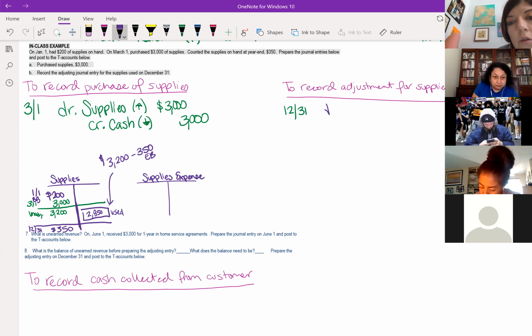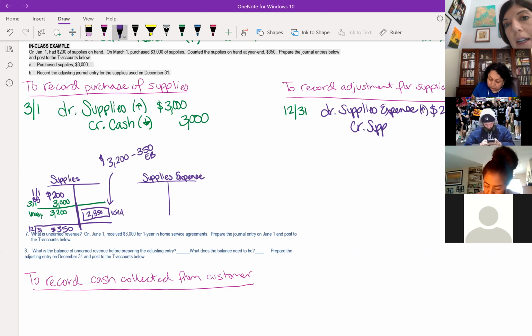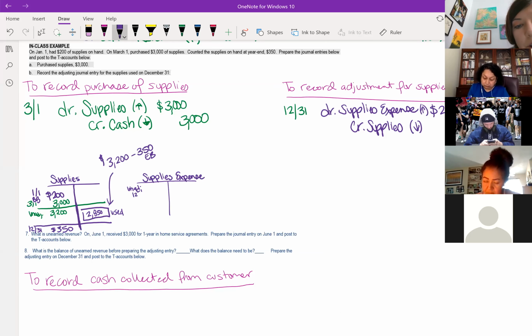Okay, so we're going to debit supplies expense, recognizing those supplies that were used, $2,850. Credit the supplies asset account for $2,850, reducing the asset. And if I were to run the unadjusted trial balance at 12/31 for supplies expense, it would have a 0 balance. This is an expense account, so it has a normal debit balance.